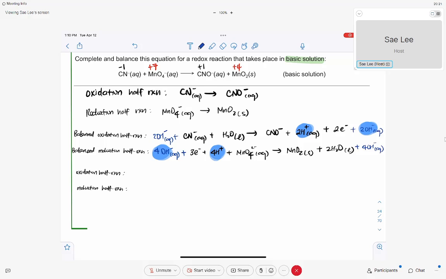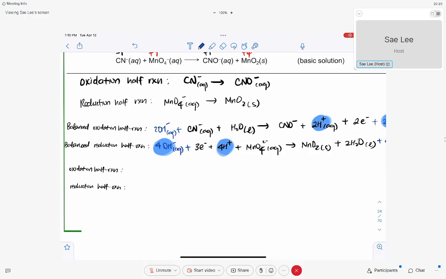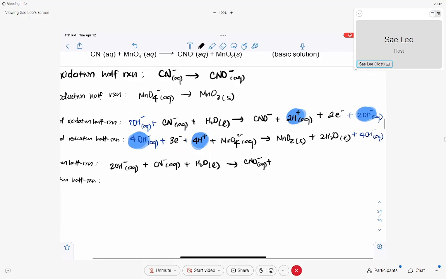So then we have 2OH minus plus cyanide plus water, giving CNO minus plus, aqueous, 2 protons and 2 hydroxide will form 2 water, and then 2 electrons.